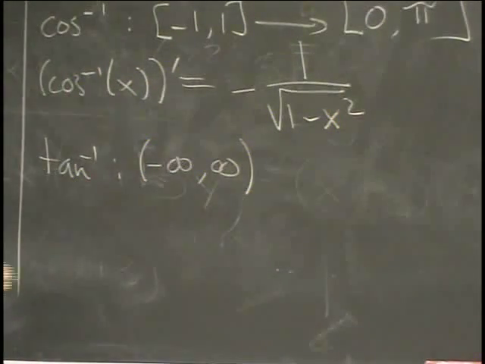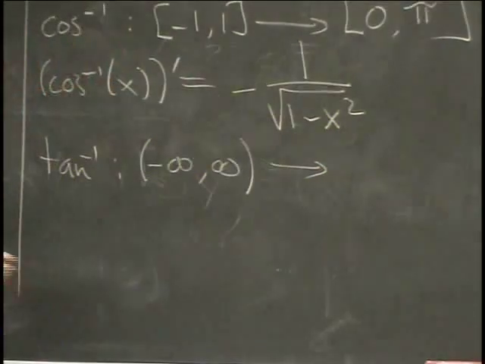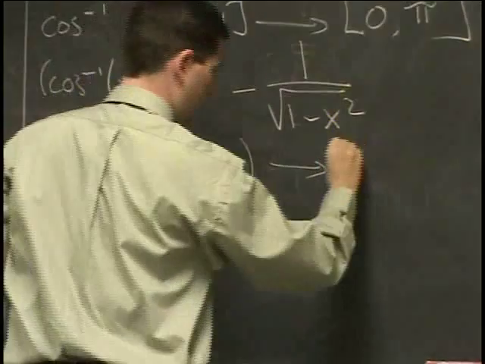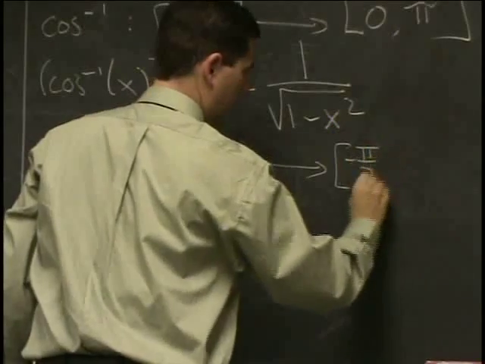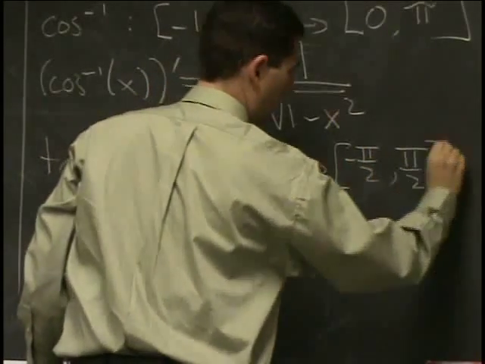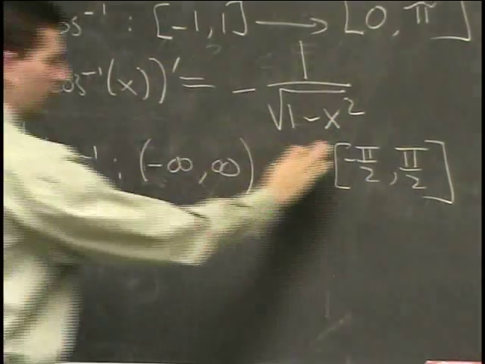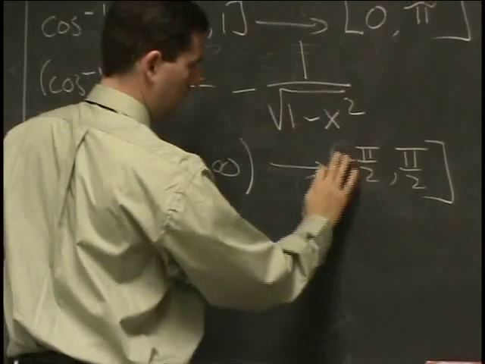So this takes as its domain all real numbers, right? But the range, well, we just choose kind of that principal block of the tangent function in the middle, right? Which is the same as the sine. -pi/2 to pi/2. Except probably we can't include these endpoints.